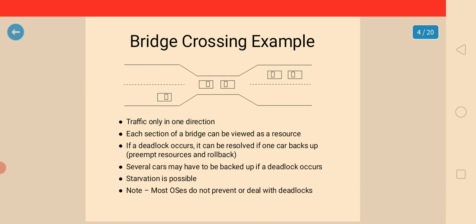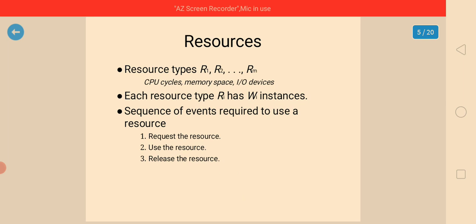So this is the example of the bridge for crossing vehicles. This is deadlock. So what are the resources? Resources are of types R1, R2 up to Rm: CPU cycles, memory space, IO devices. Each resource type Ri has Wi instances.